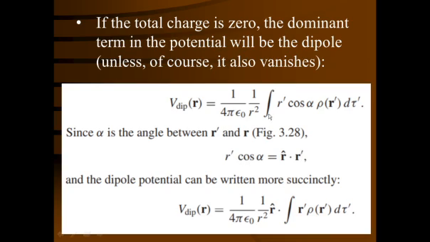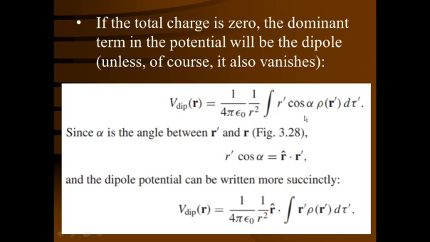So r dash cos alpha in this term can be represented as a dot product of the two vectors. r caret is the unit vector in the direction of the point where we are calculating the potential, and r dash is the position vector of different variable volume elements d tau 1, d tau 2, d tau 3, etc. Accordingly, r dash is changing as well as alpha is changing, and the dipole potential can be written more succinctly like this.